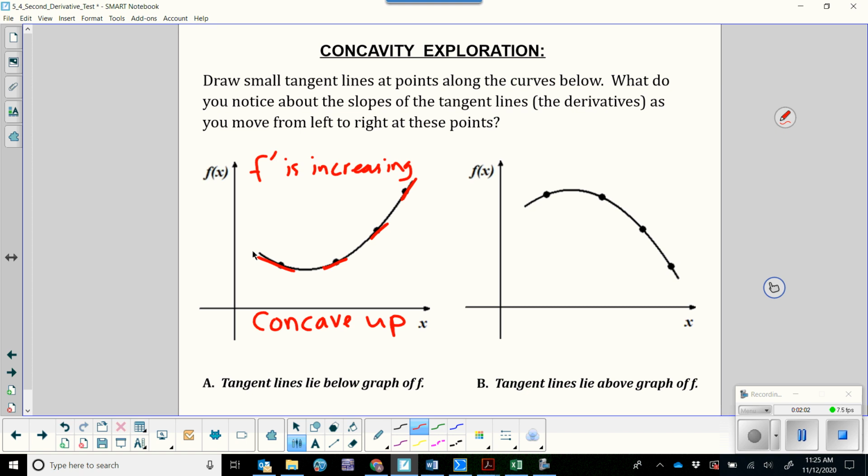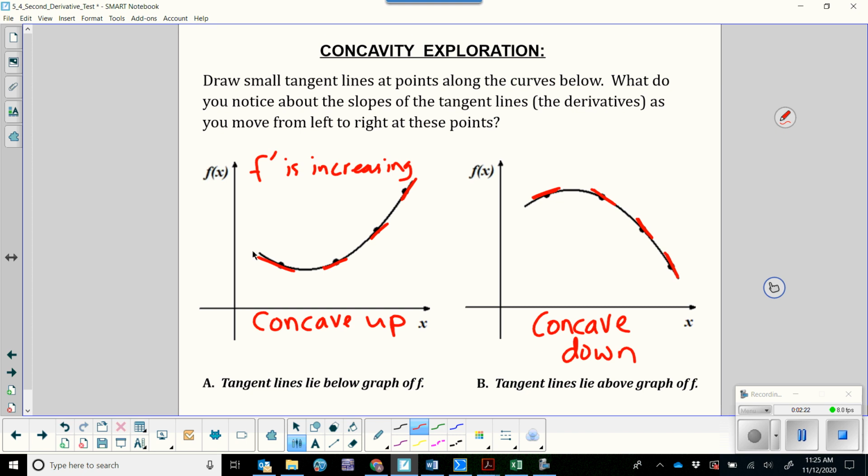Same thing here. If we have tangent lines along this graph, and this graph is concave down, again like an upside down bowl, we have a small positive slope, but then now we have a negative slope, and then more negative and more negative, which is smaller.